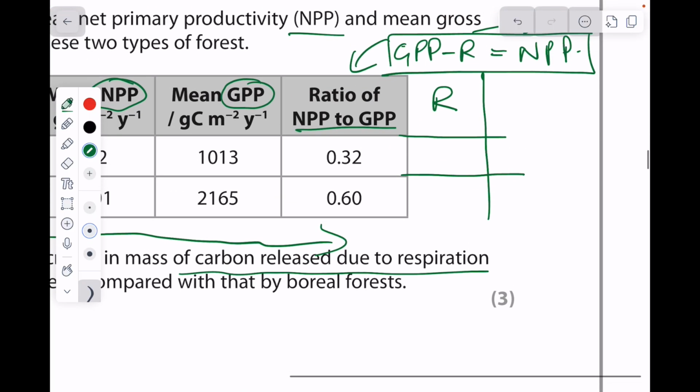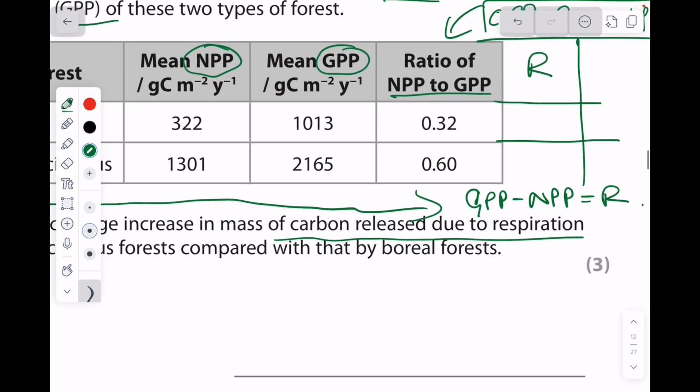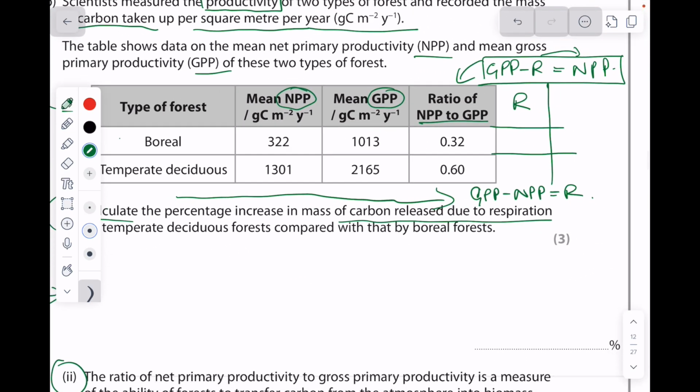That should give me GPP minus NPP equals R. So that's what I'm going to do. I'll need to get a calculator for that.